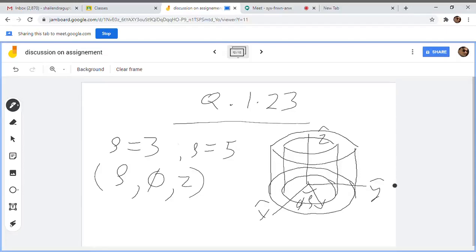Then the other surface is phi. Phi is equal to 100 degree. So what will phi is equal to 100 degree be? How will that look?